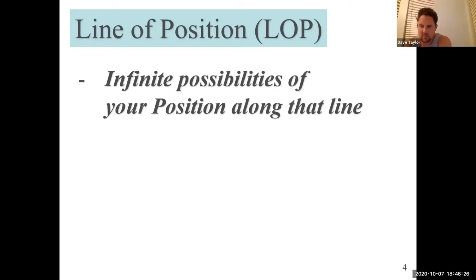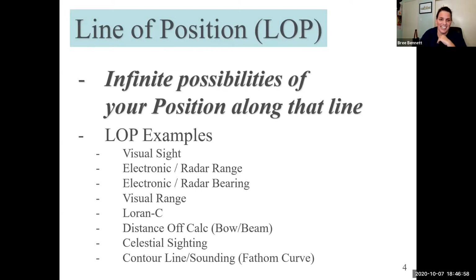What other kinds of bearings can we get? Maybe if you have other electronic... Depth. Yep, soundings or contour lines. We can use a radar and get a bearing using a radar, or range using radar. But anything else you can think of? Okay, let's get the list here.